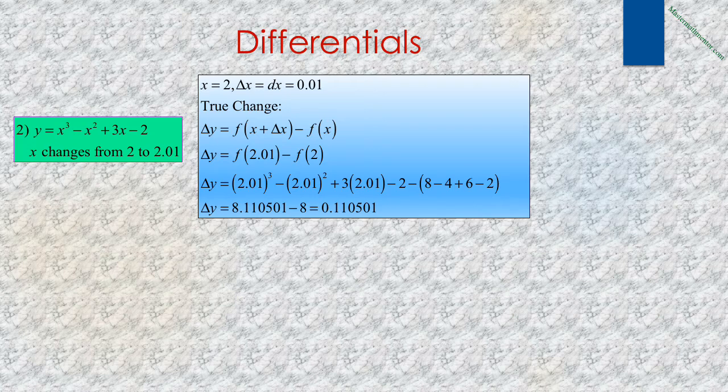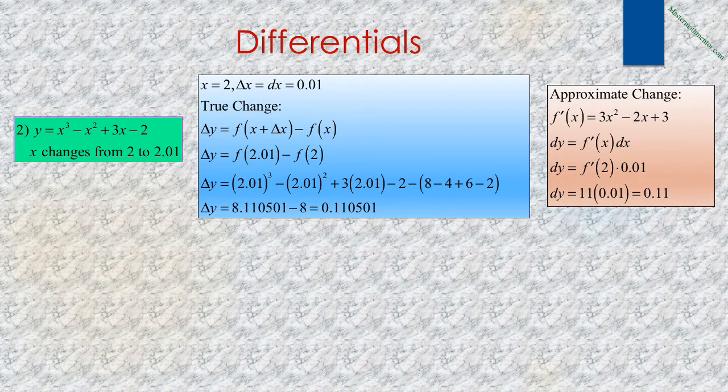That is 2.01 cubed minus 2.01 squared plus 3 times 2.01 minus 2, minus the quantity 8 minus 4 plus 6 minus 2. We now need to use a calculator for these, and we get 8.110501 minus 8, which is 0.110501.